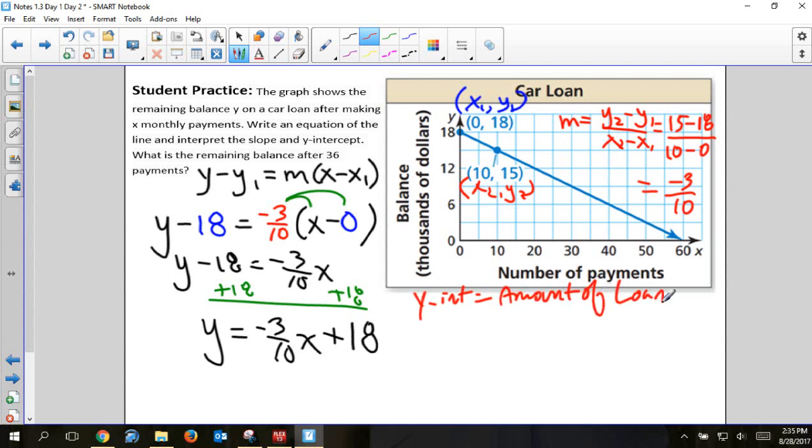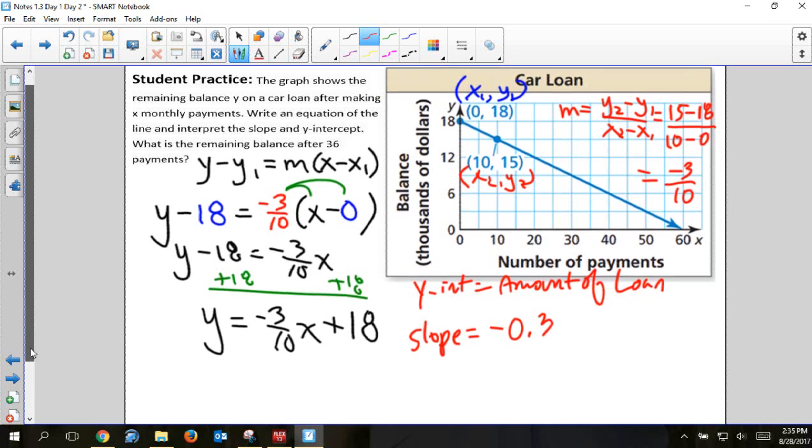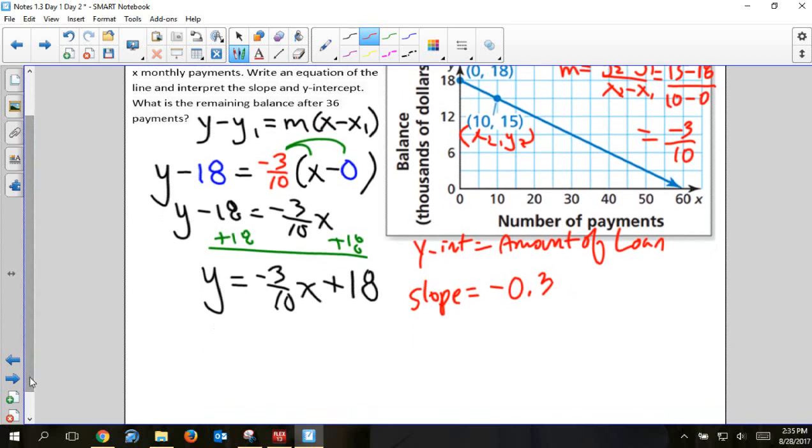And then negative 3/10, that's my slope. What's that mean? I'll write it as a decimal. What's negative 3/10? Let's think about the picture here. Our rise is negative 3, our run is 10. So I'm going down 3 what, run 10 what?